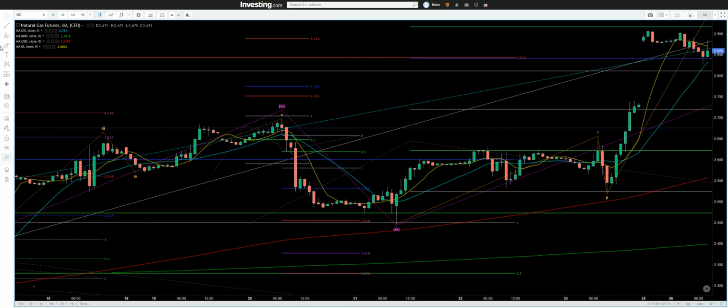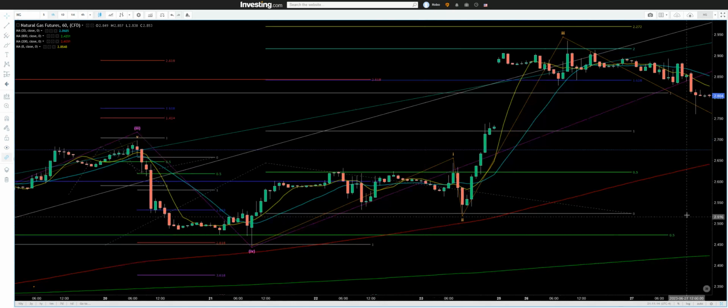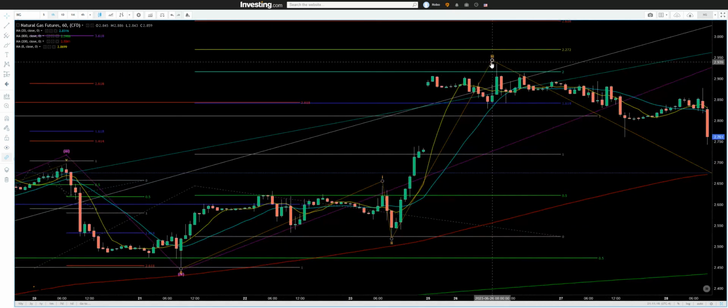C, I do have it in the 15-minute, but anyway, it came down, punched down for a short C. You can count that yourself, or mark it however you like.